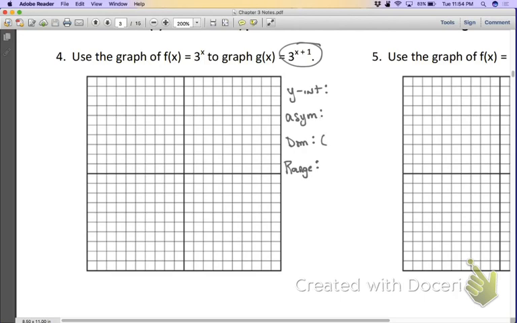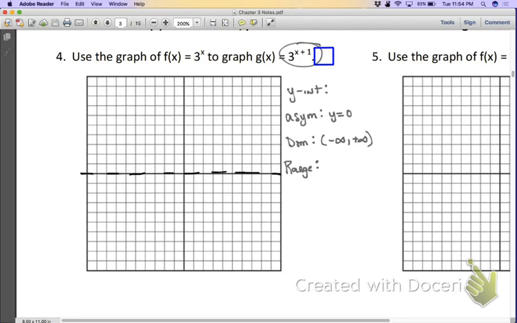So again, domain: negative infinity, positive infinity. Look, there's no k, so your asymptote is just y equal to 0. So I'm going to have an imaginary line basically at 0. Then go with my y-intercept.